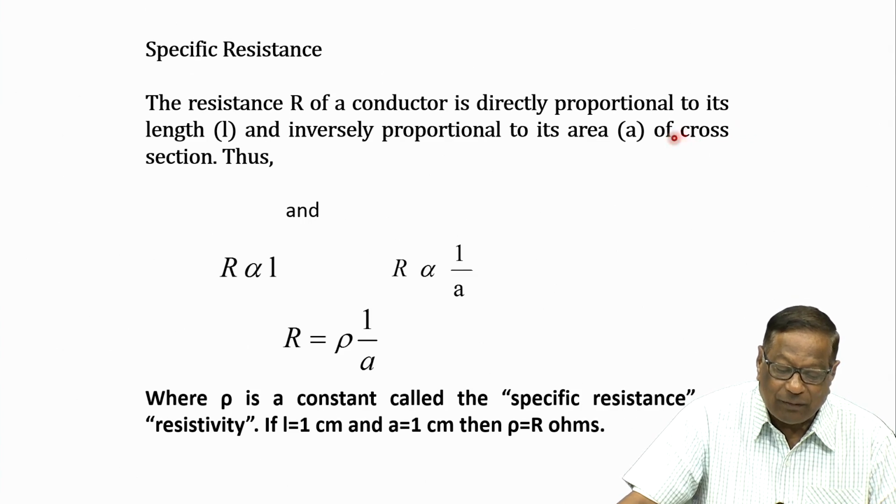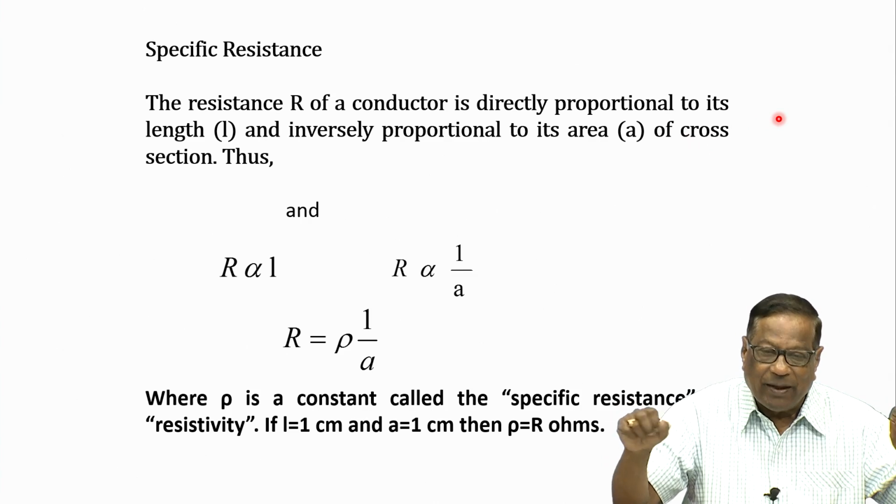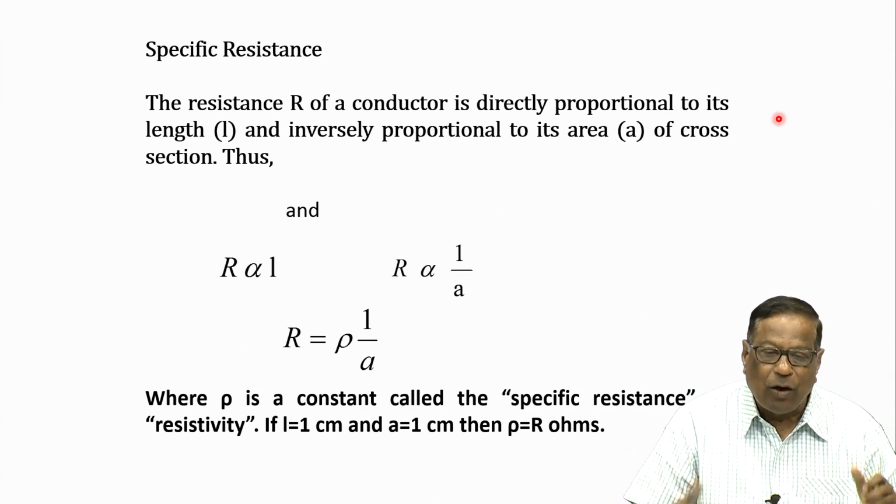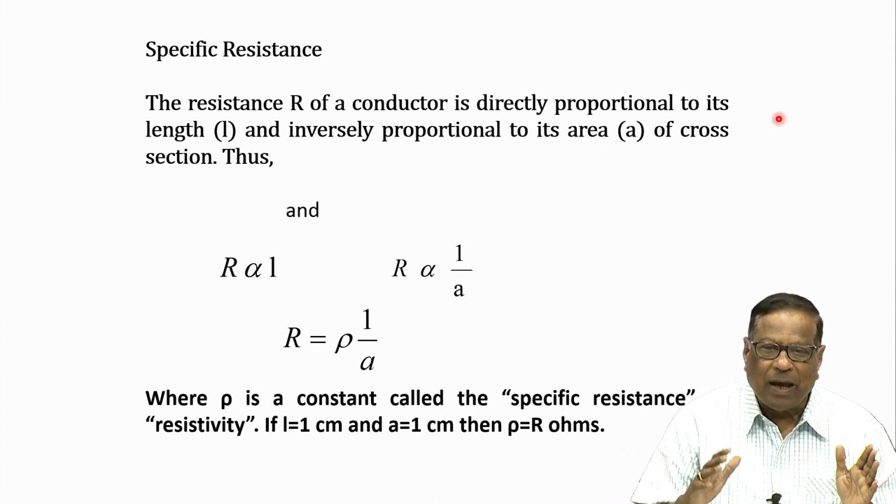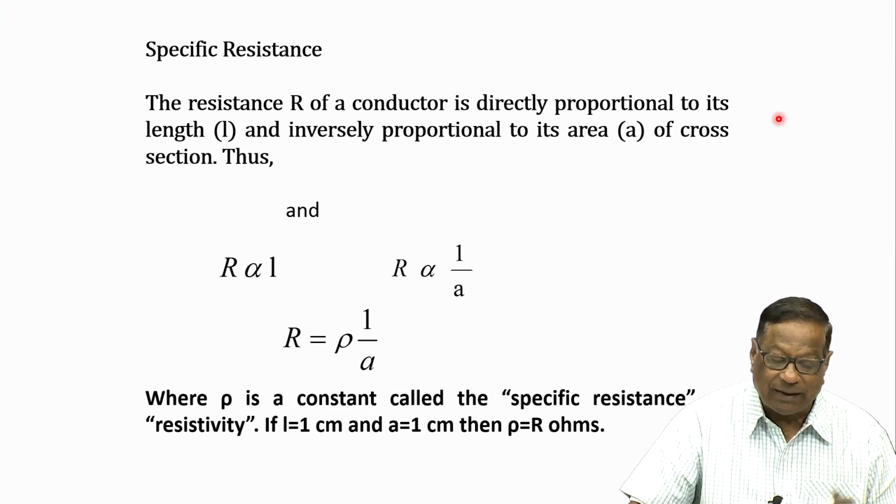So, the resistance of a conductor is directly proportional to its length and inversely proportional to its area of cross section, that is, how much of the volume is available for resisting the conductance.